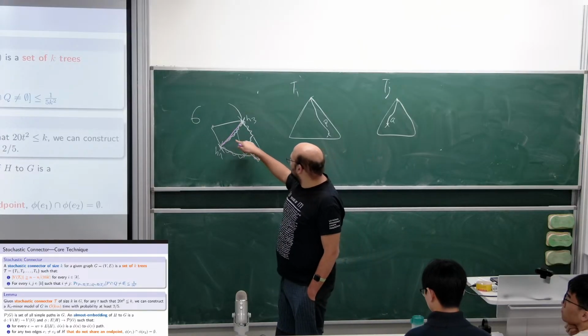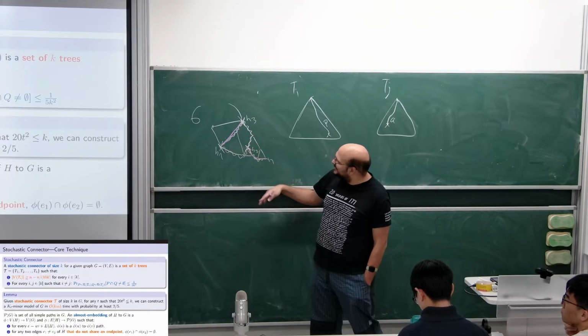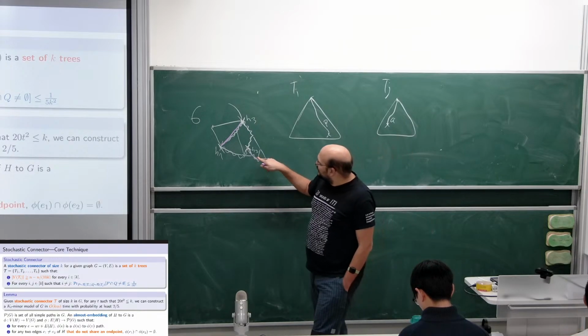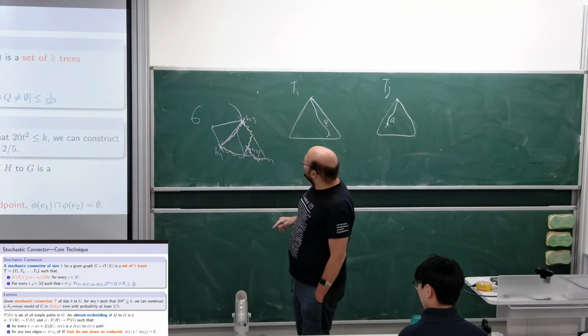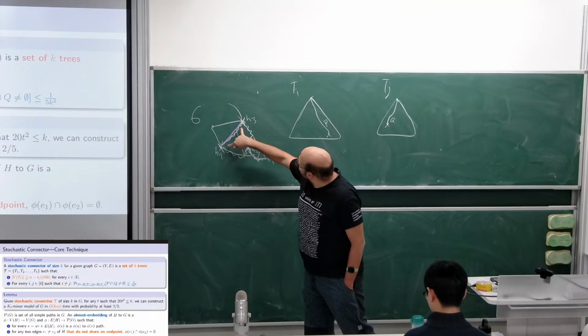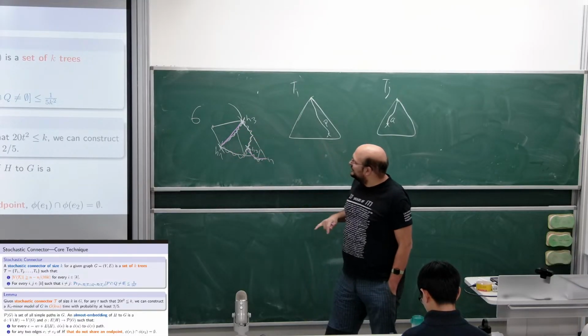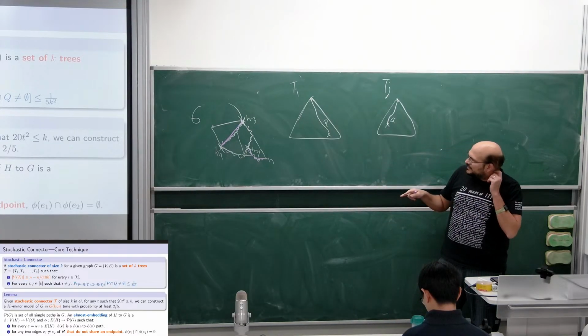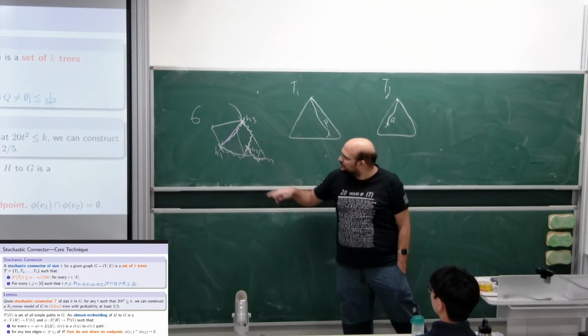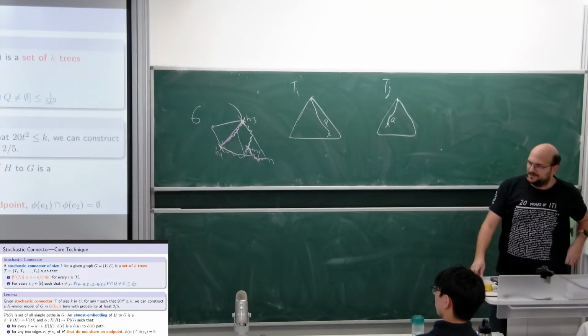Those paths can overlap, so it doesn't have to be as nice as I draw in the picture. The paths that are mapped can share vertices, but the mappings of edges of H which are non-adjacent cannot share vertices. So they have to look actually as nice as I draw in this picture.